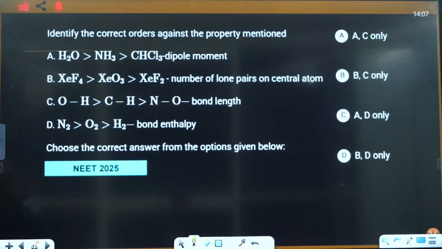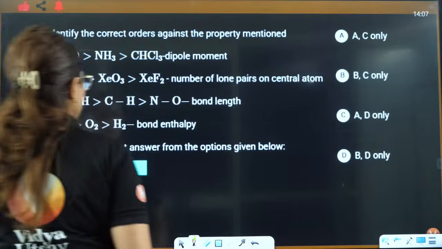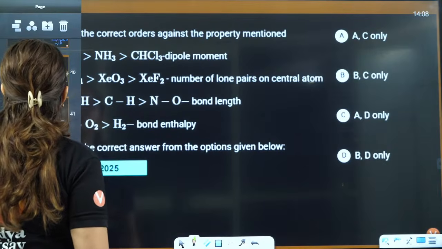Okay, okay, I got it, I got it. Okay, just give me a second. Okay, okay, okay, I'll just repeat it.